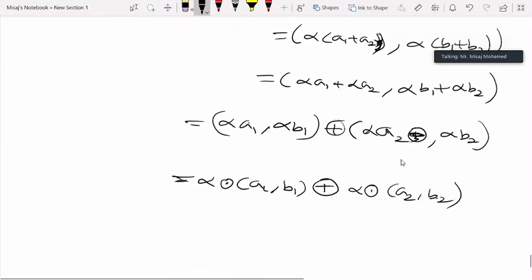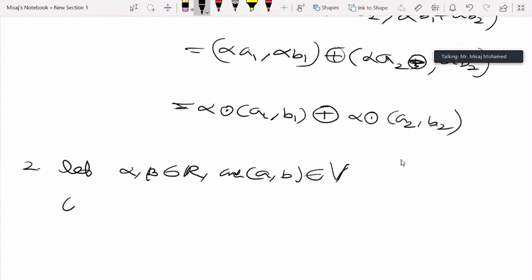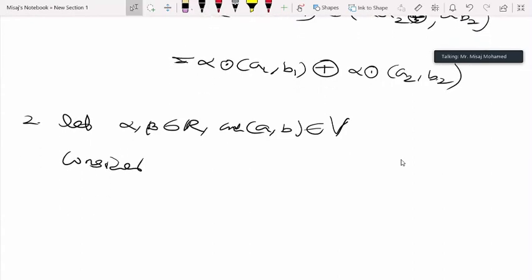What is the next distributive law? Let alpha, beta be from R and (A, B) be from V. Consider scalar addition times (A, B). So what will this be?